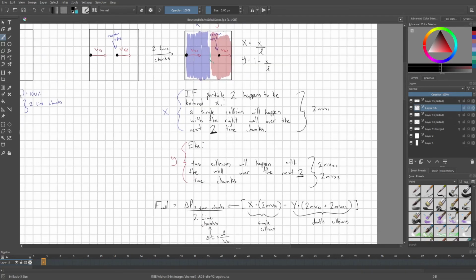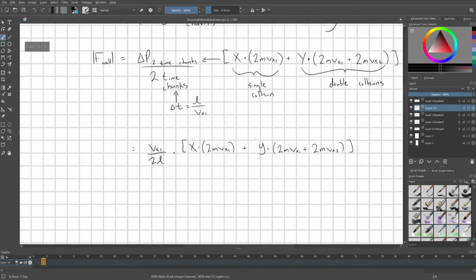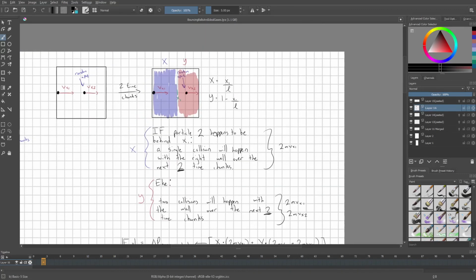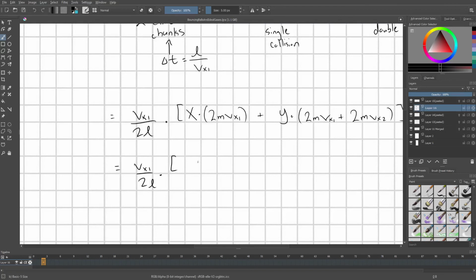And now we just got to plug those guys in. Vx1 over 2L times x1 over L times 2mvx1 plus 1 minus x1 over L times 2mvx1 plus 2n times vx2.